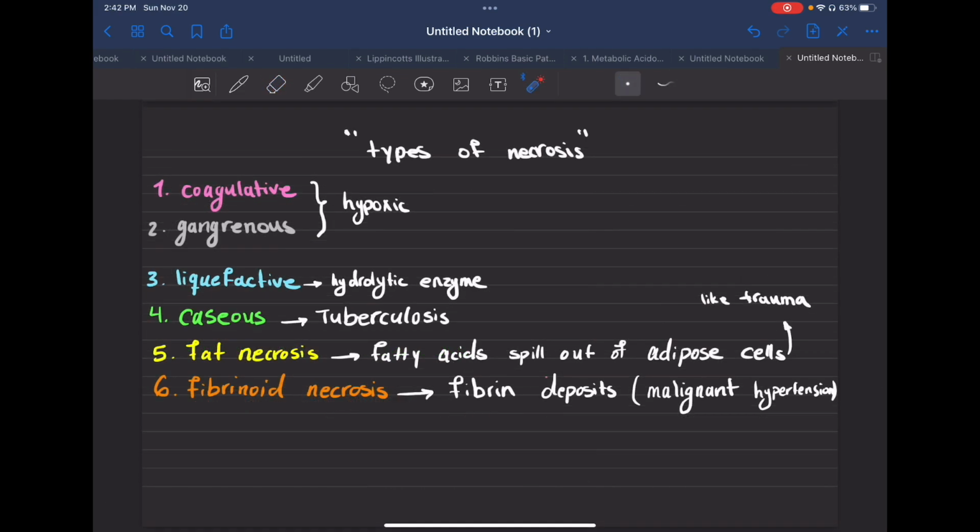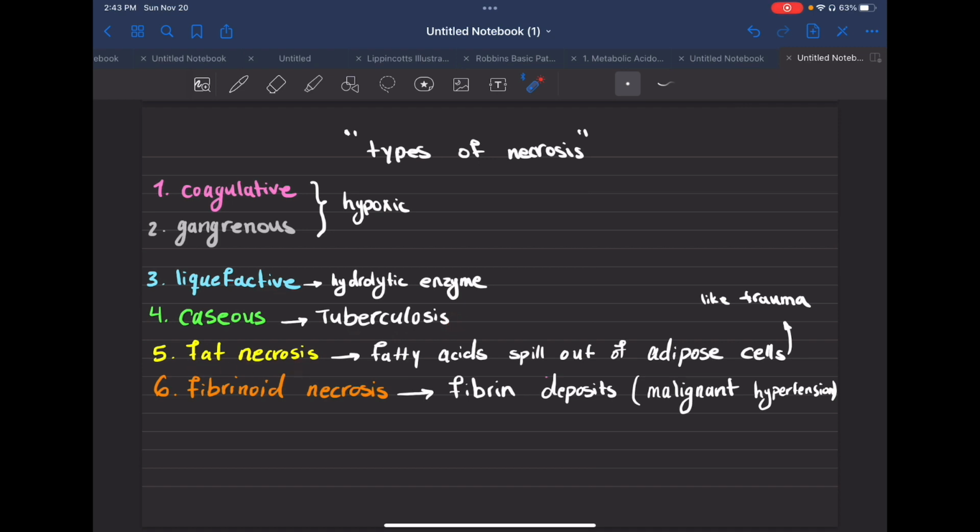So there are 6 types of necrosis: coagulative and gangrenous, which usually occur because of hypoxia, so a low amount of oxygen for the tissue. Liquefactive, which usually happens because of hydrolytic enzymes. Caseous, which usually happens because of tuberculosis.